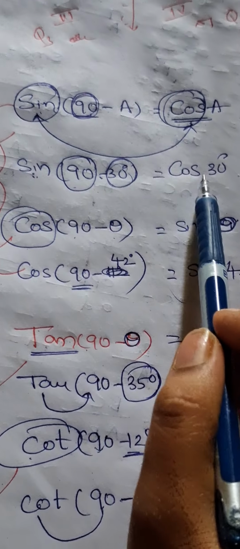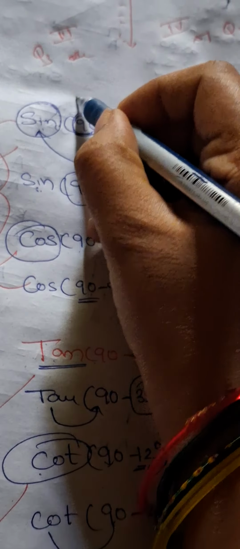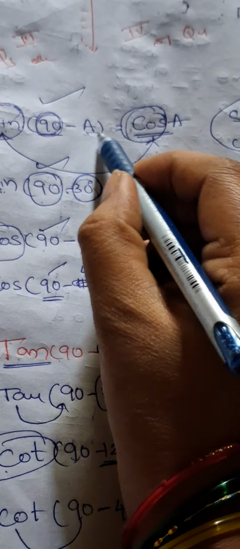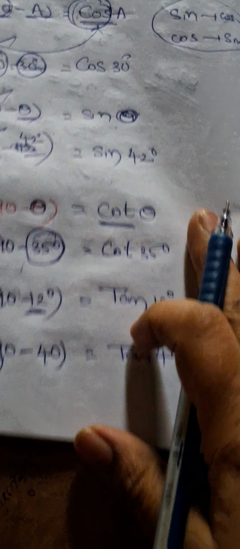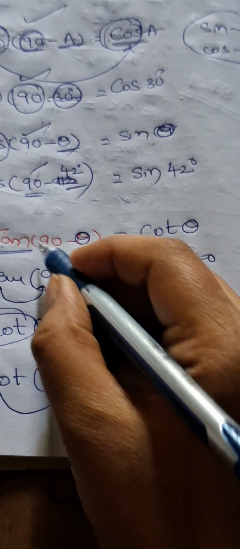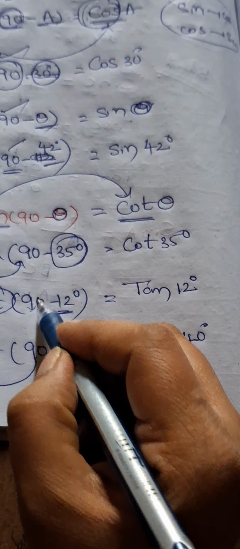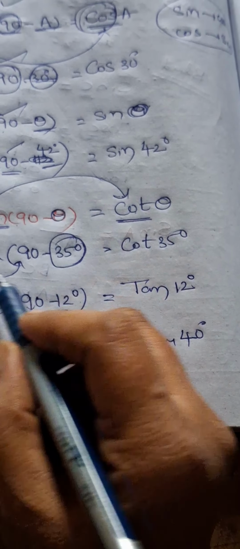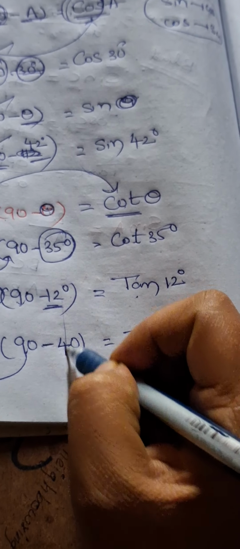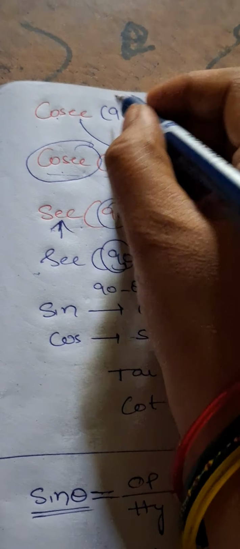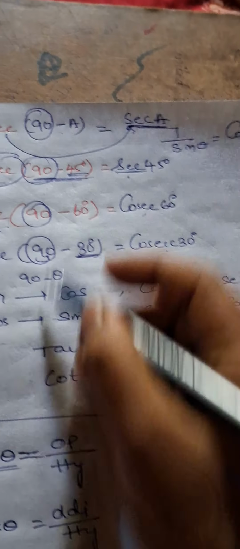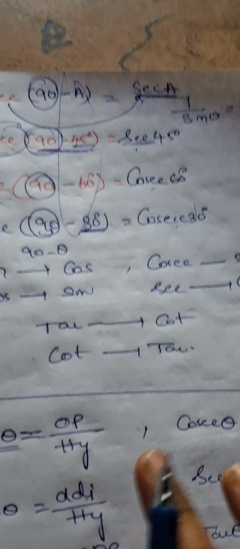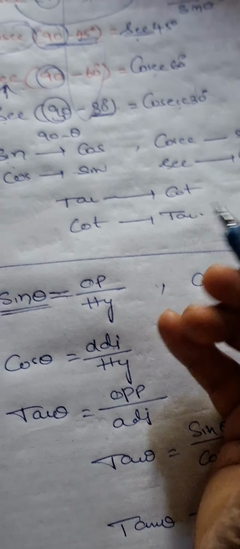If you see cos, it becomes sin. The first condition: if you see 90, you have to change. Next, whatever angle you have, you have to write that value, whatever is there you should write it. Understood? Next, sin 90 tan: if you have tan, tan converts to cot. So with 90, tan becomes cot, cot becomes tan. Whatever is there you have to write simply, blind marks. And next one, cosec becomes sec, if you see 90: cosec becomes sec, sec becomes cosec. Whatever angle is there, you have to write that angle, but don't put a minus sign. Okay, the sign changes like this only.